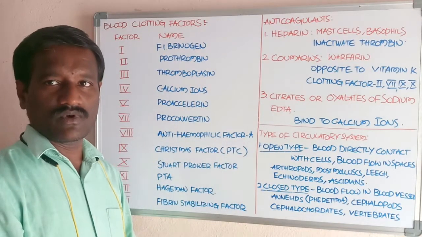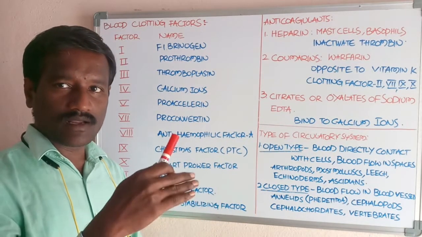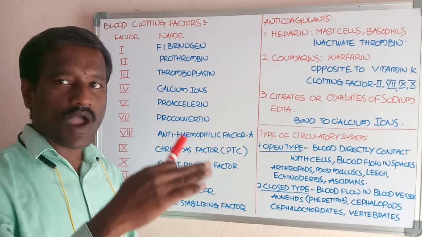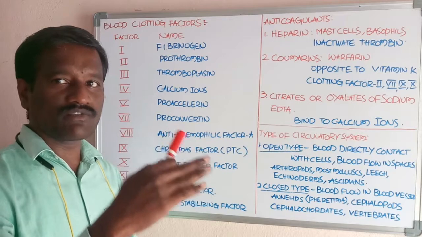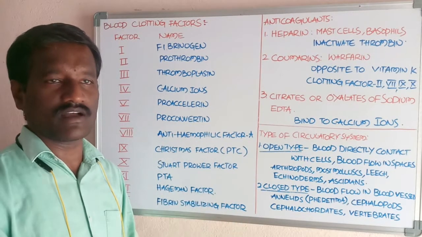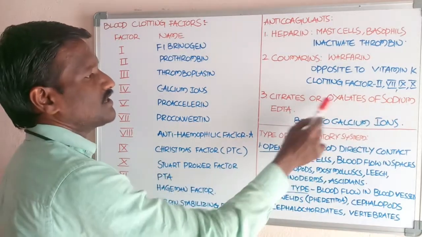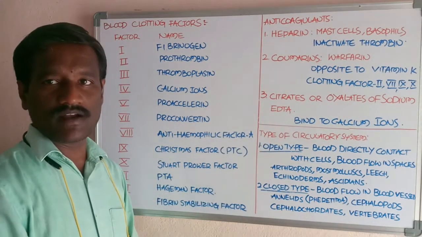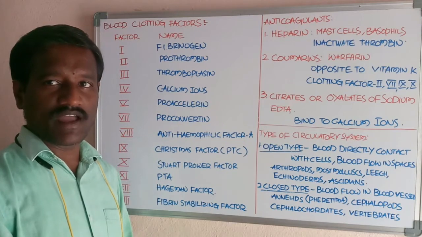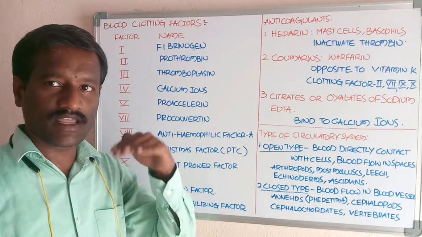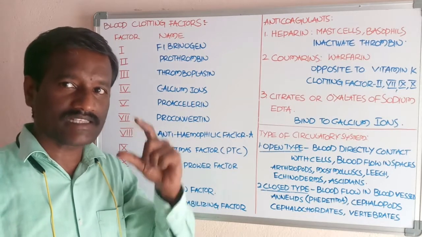Okay, in the clinical laboratories and the blood banks, coagulation, clotting of the blood is prevented by adding chemicals such as sodium citrate, sodium oxalate, EDTA, ethylenediaminetetraacetic acid. When these chemicals are added to the blood, they bind the calcium ions.